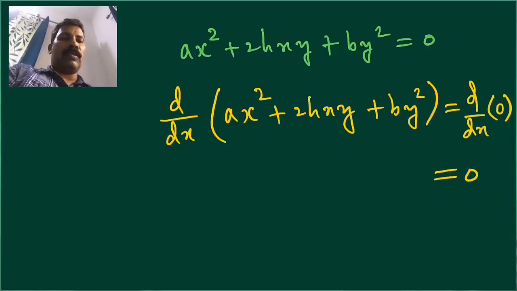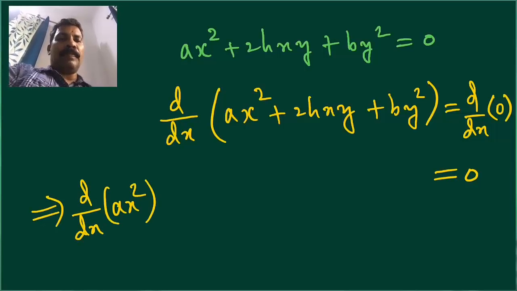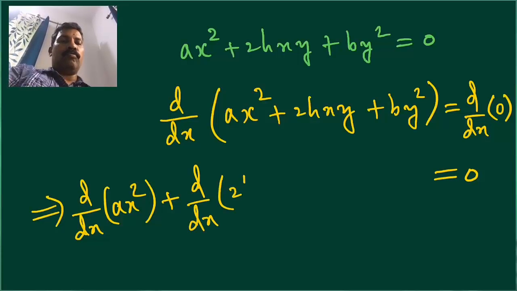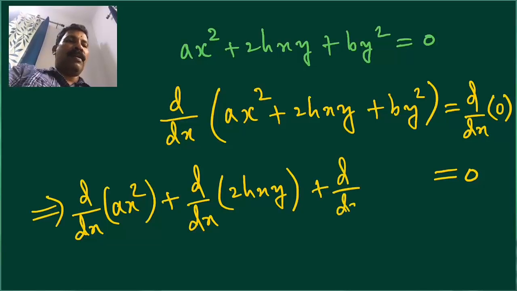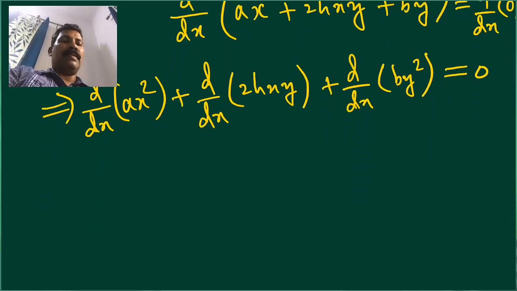The right hand side is 0 because the derivative of 0 is 0. And on the left hand side we can write the derivative of the first term ax square, then the derivative of the second term 2hxy, and then the derivative of by square. Then what happens?